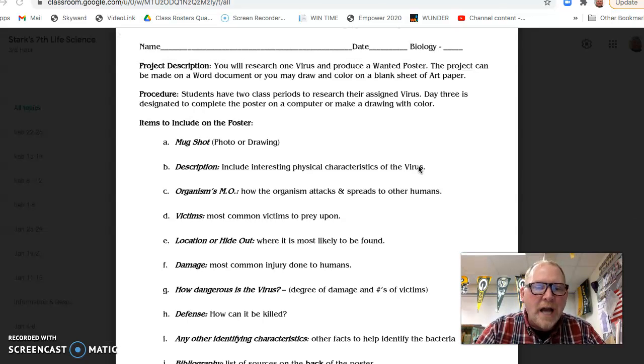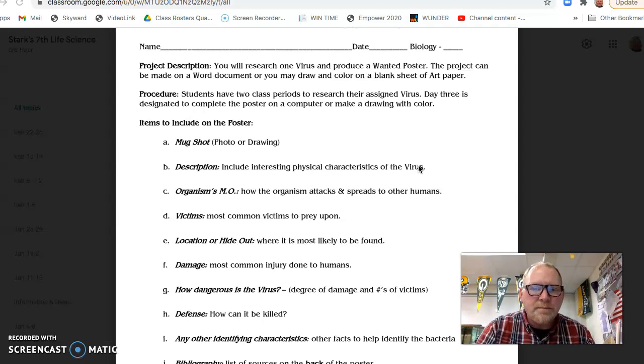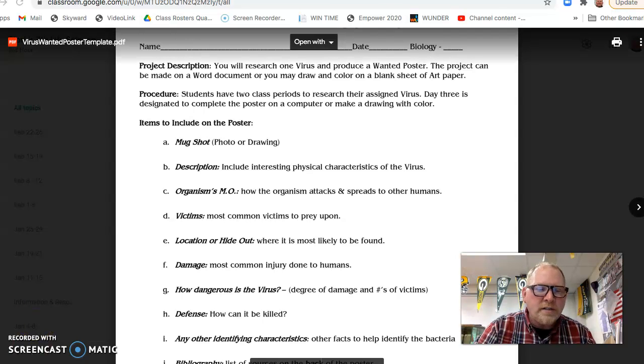So if you were talking about the coronavirus, and that was the one that you chose, the coronavirus is very spherical in shape, and it has a bunch of little probes around the outside that glom onto and attach to the cell and help the virus invade the cell. So give me some physical descriptions of what it is. What does it look like? If it's bacteria, is it rod-shaped? Is it spherical, or is it a spiral bacteria?